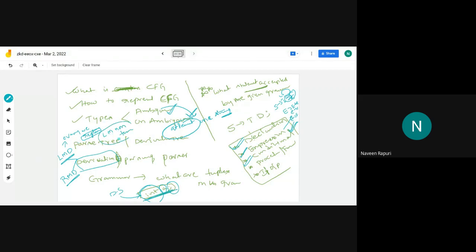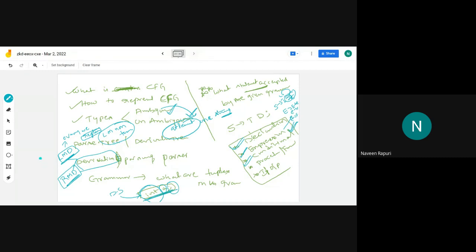If you replace the leftmost non-terminal for producing the string, we call that a leftmost derivation. Suppose you always replace or reduce the rightmost non-terminal, that is called RMD.